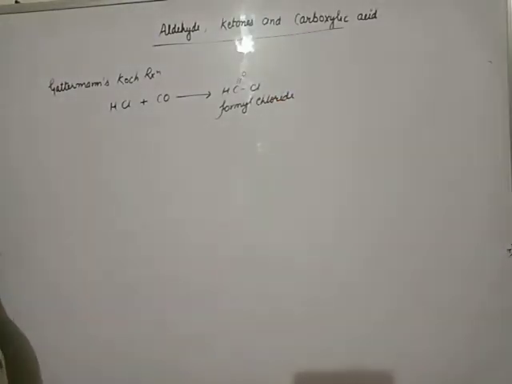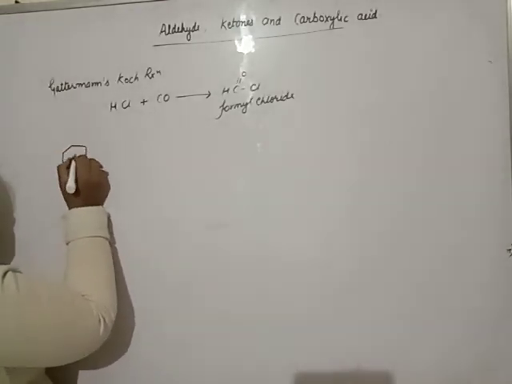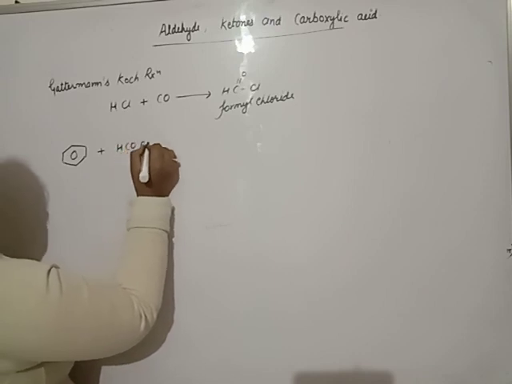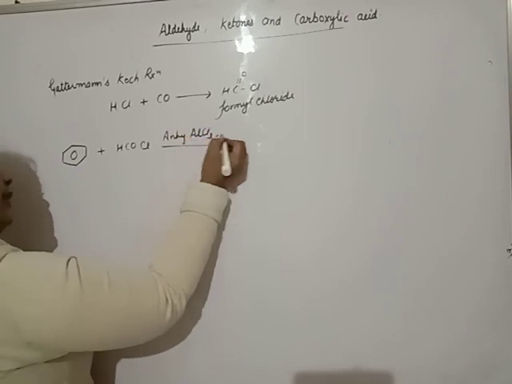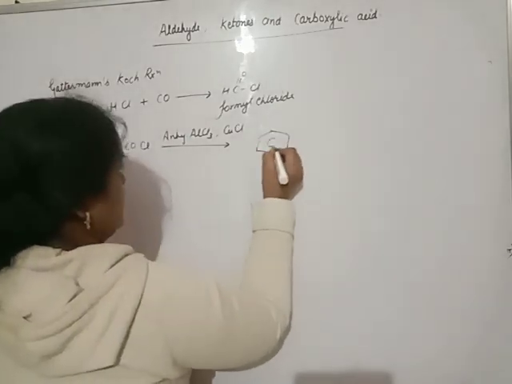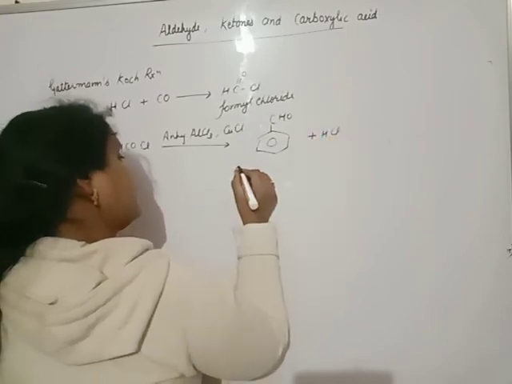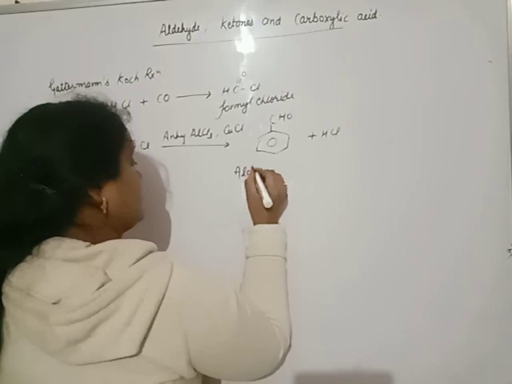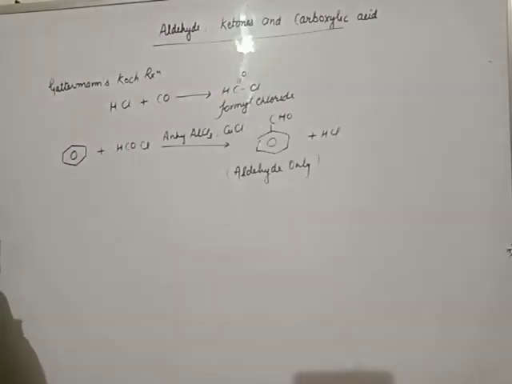So when we want to use the formyl chloride, we will prepare it on the spot, freshly prepared. It is treated with benzene in presence of anhydrous aluminium chloride and cuprous chloride. Later it will behave as Friedel-Crafts reaction and give aldehydes only. These are all about the preparation of aldehydes and ketones.